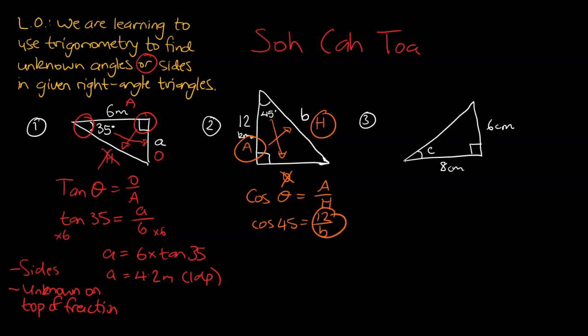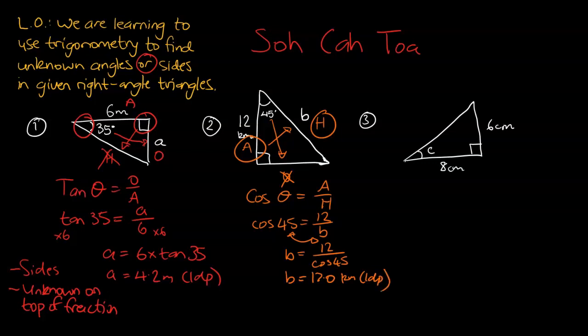And this is what makes this type of question different. If you have a look here, the letter is on the top in the red question, and now it's on the bottom for the orange question. So when it's on the bottom, we switch the b and the cos 45 around. So b is going to be equal to 12 divided by cos 45, and you put that into your calculator. 12 divided by cos 45 is equal to 17.0 kilometers, and that has a 1 dp rounding.